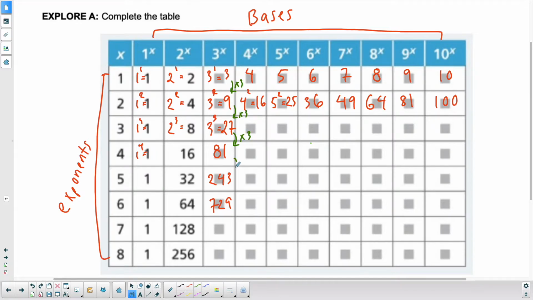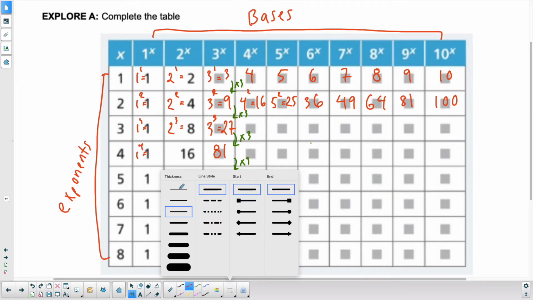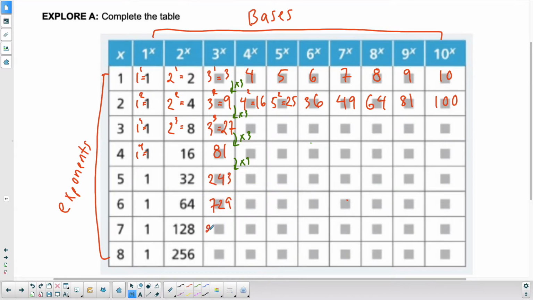Times another 3 gets us the next number. Times another 3 gets us the next number. So each time the exponent increases once more, you multiply by an extra base. So times another 3 is 2,187. Times another 3 is 6,561.